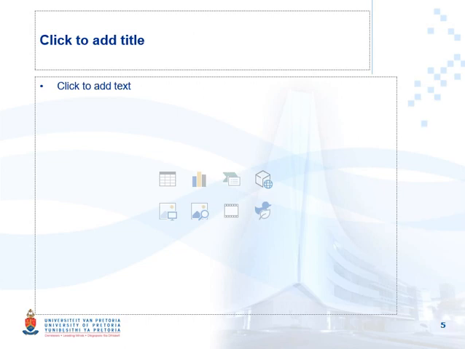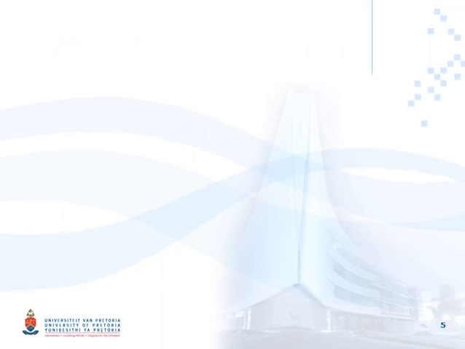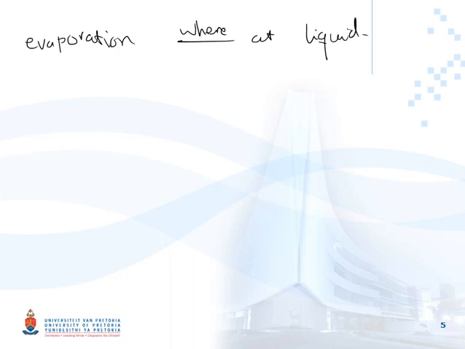So let's try to define evaporation based on the same concepts as well. So first we want to know where evaporation occurs. Where? At the liquid vapor interface.